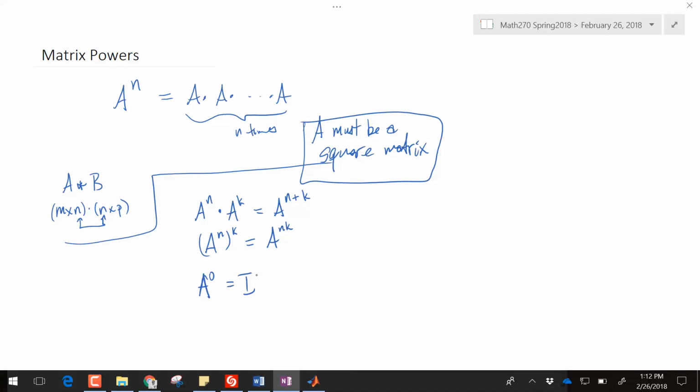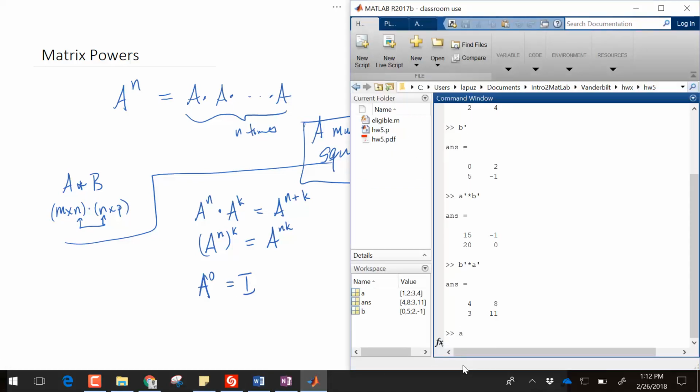Since we have MATLAB here, and we have A, we try a couple of things. A raised to the zero power is the identity matrix, right? A raised to the second power would just be A times A, so you get the same result.